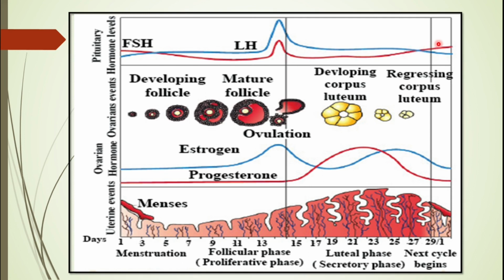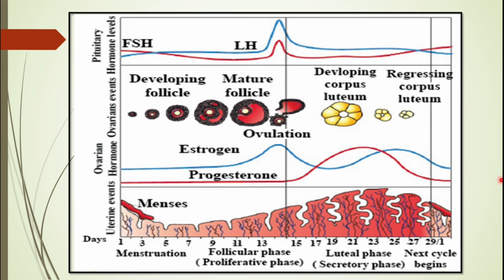You will find, see, the red line is once again starting to increase, meaning the FSH production is again increasing, or we reach the next follicular phase of the next cycle, and this continues from menarche to menopause.